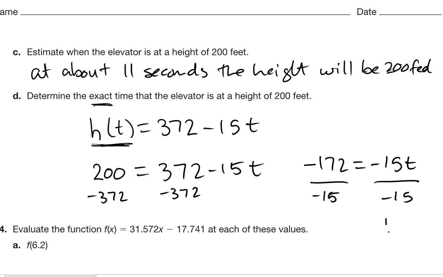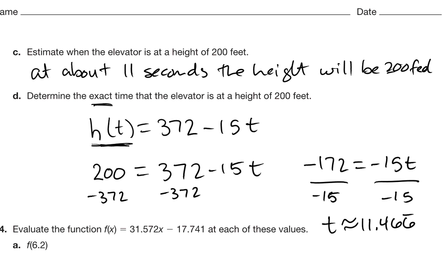And I get that t must equal, now that I want to calculate, 172 divided by 15. I get 11.46666. Let's see. I know it said exact, but I'm going to write t is approximately 11.46. Now I could turn this into a fraction too.